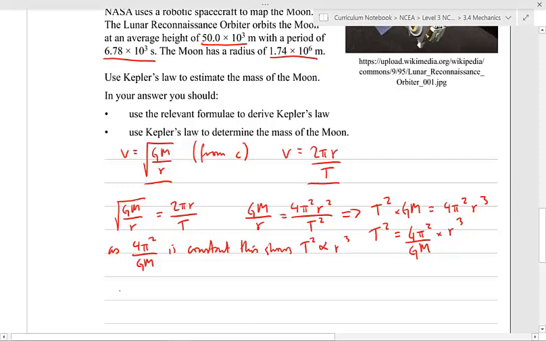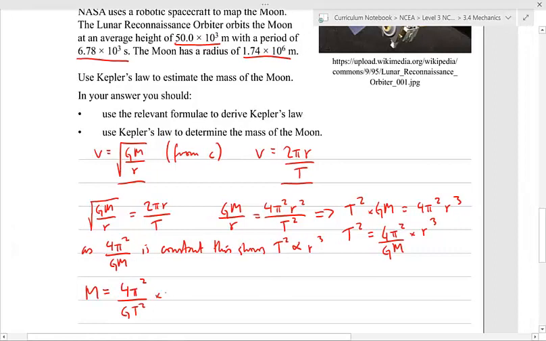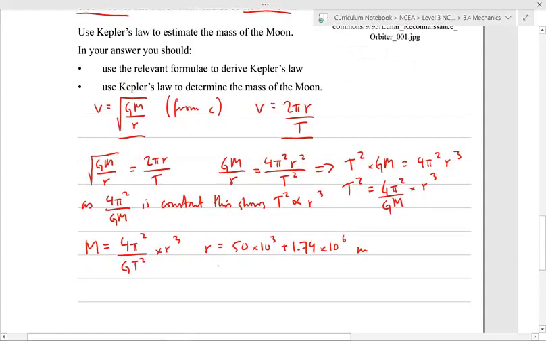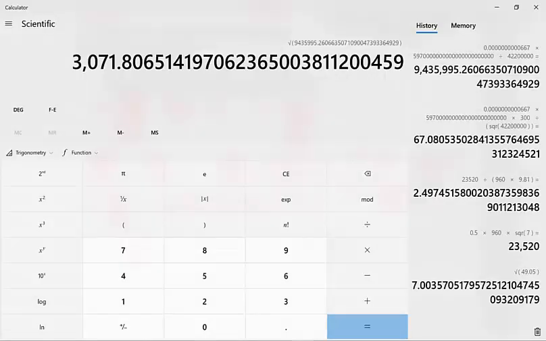So we want to rearrange this for M now. So we have M is equal to 4 pi squared over G T squared times r cubed, and r is equal to 50 times 10 to the 3 plus 1.74 times 10 to the 6 meters, which is equal to, what is that?